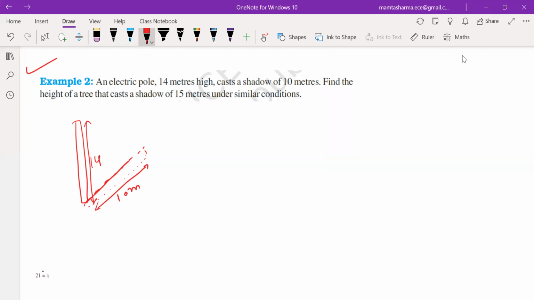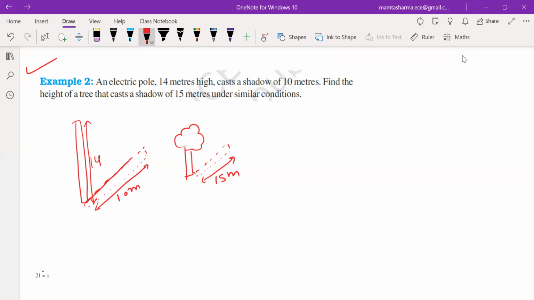Similarly, beside this pole, there is a tree, and the tree casts a shadow. Ma'am, it is 21 meters tall. First, you should know which proportion exists here, direct proportion or indirect proportion. Direct proportion.